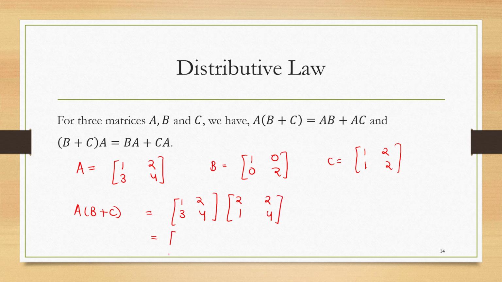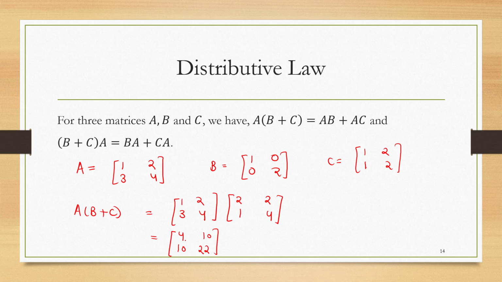Now take the multiplication: 2 plus 2, 4, 2 plus 8, 10. 6 plus 4, 10. 6 plus 16, 22. So here we get the left side A into B plus C.